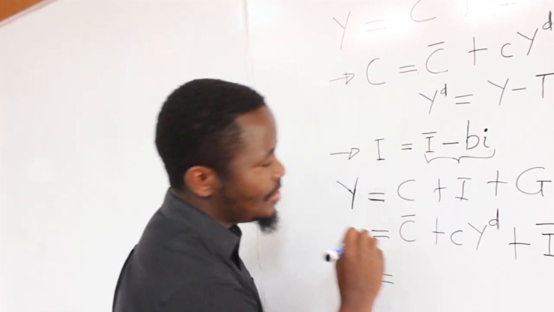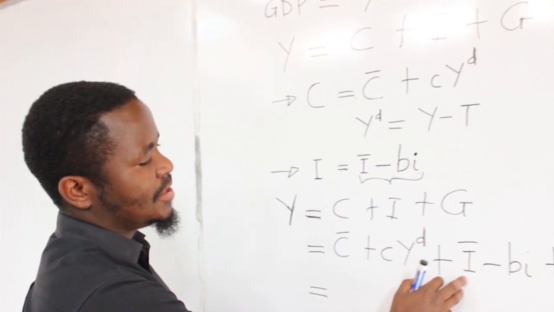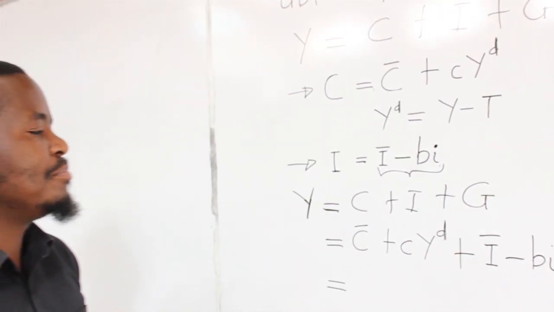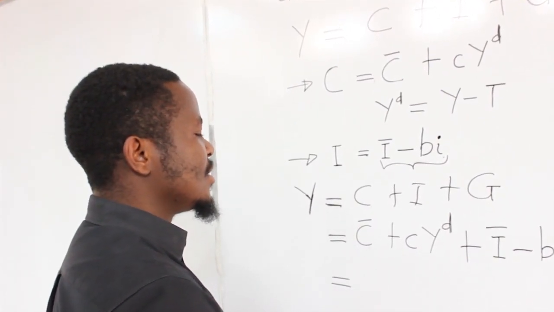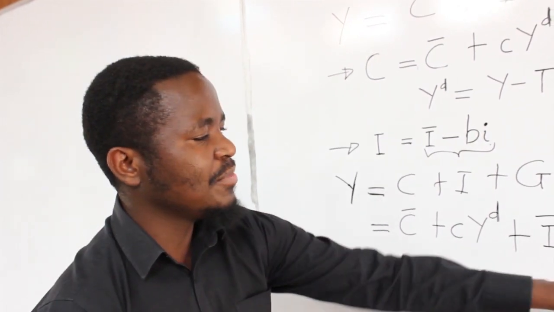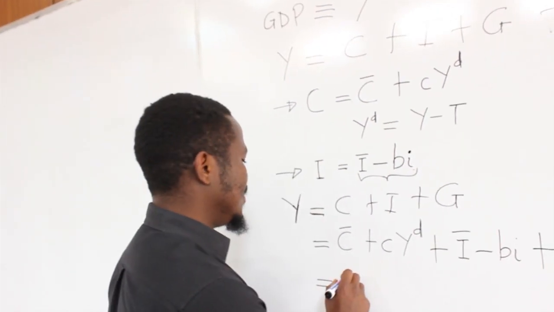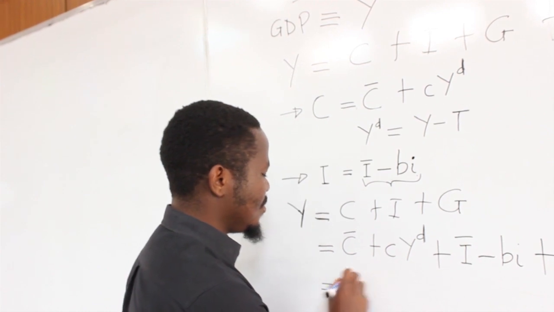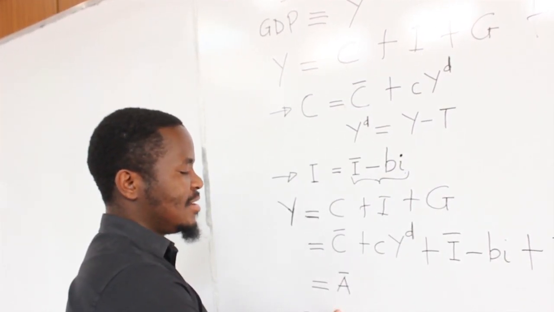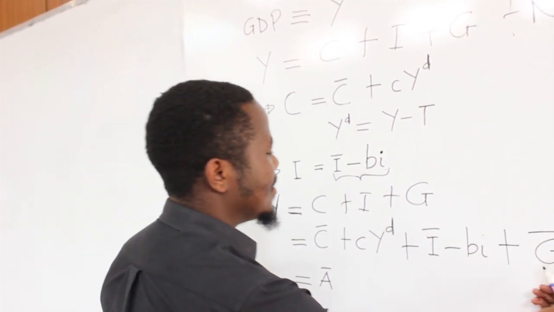So three autonomous terms here: consumption, C bar, investments, I bar, and the G bar, the autonomous government spending or expenditure. Allow me to group these autonomous terms as one, to have total autonomous expenditure. I will put all those three terms as A bar. So the A bar is a summation of the C bar, the I bar, and the G bar.